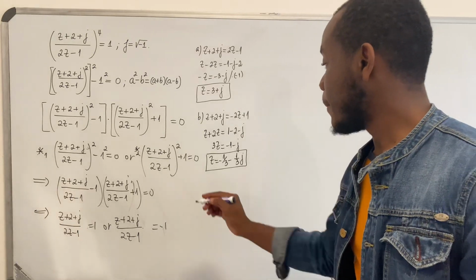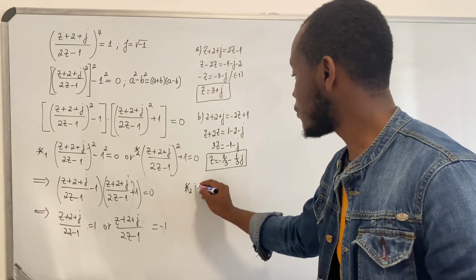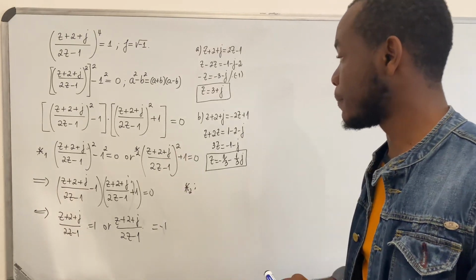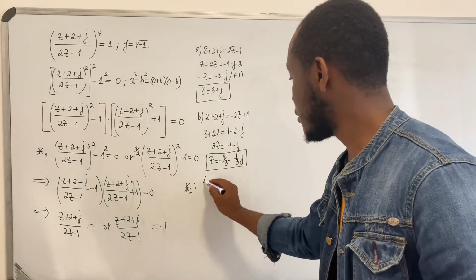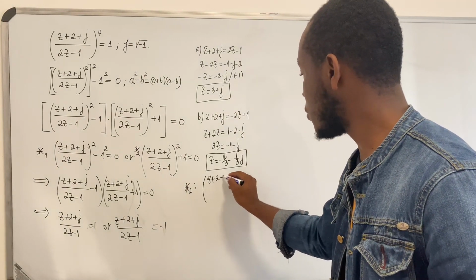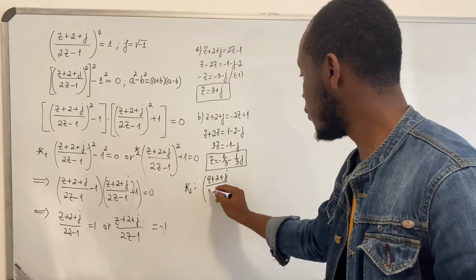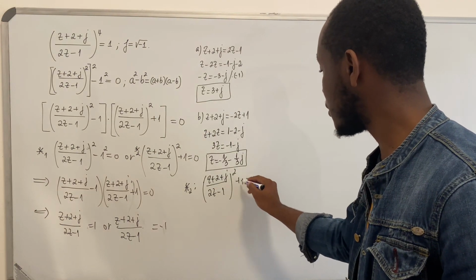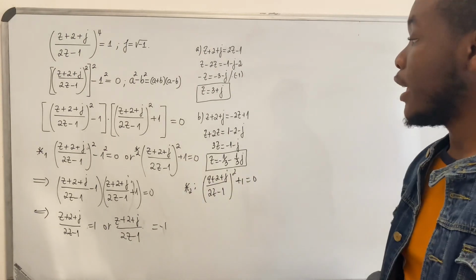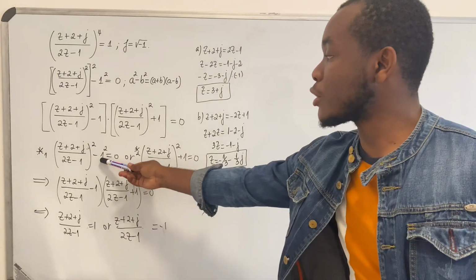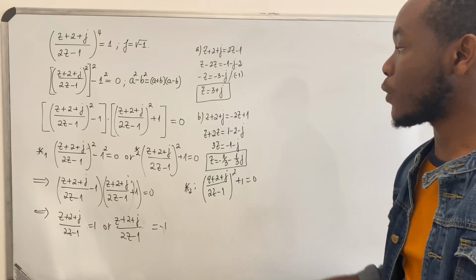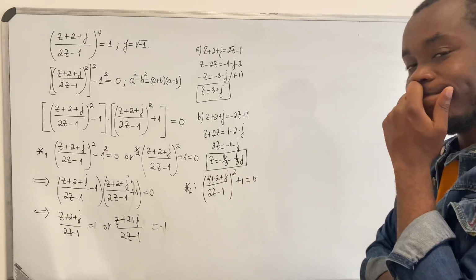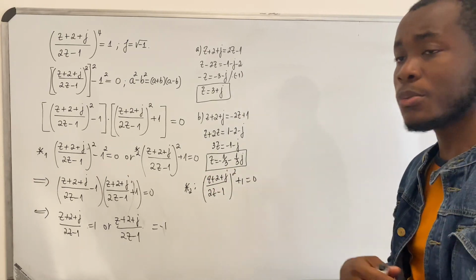All right. Now let's solve star 2, which is this equation that we left. So in this particular equation, we have z plus 2 plus j over 2z minus 1 squared plus 1 equal to 0. Now the question is, the same way we transformed this expression to be difference of 2 squares, can we apply here? Yes, of course we can.